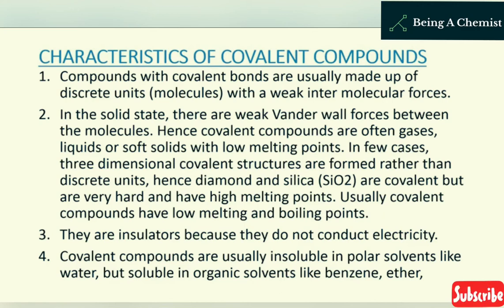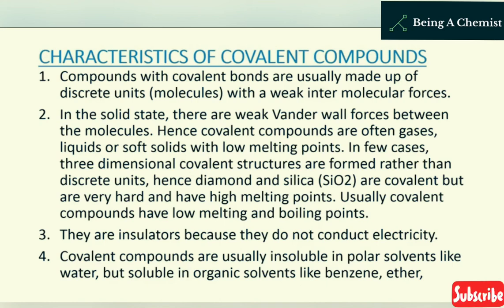So now it is clear that covalent compounds are often gases, liquids, or soft solids, so they have low melting points. And we all know that in the solid state there are weak van der Waals forces between the molecules.